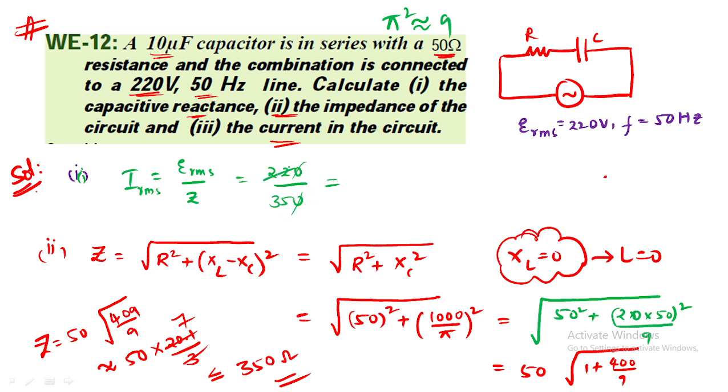With the 7 if I cancel, this will be 3 times, this will be 5 times. 3 by 5 amperes approximately. In this chapter you need to use approximation. 3 by 5, or else 0.6 is also correct. Approximately 0.6 amperes.